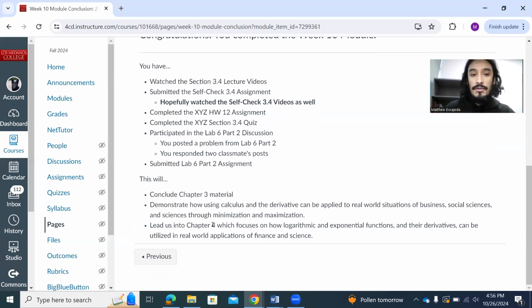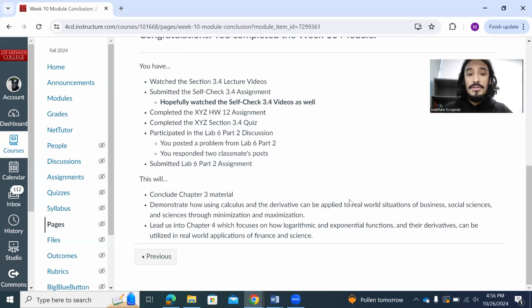So in all, this ends our chapter 3 material, which was definitely more applied stuff after we got our basis for the derivative. And this is going to demonstrate how calculus and the derivative can be applied to real world situations in business and sciences, right? Mainly through the minimization and maximization that we've seen, like point of diminishing return, maximum cost, minimum cost, things like that.